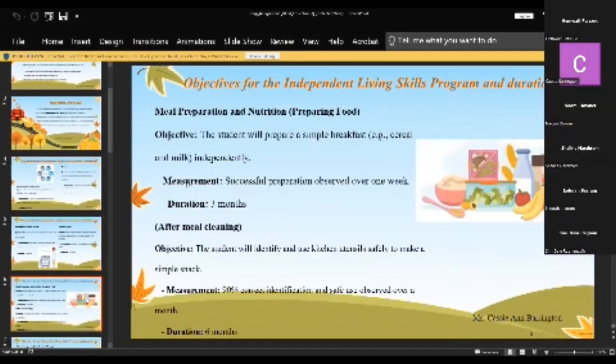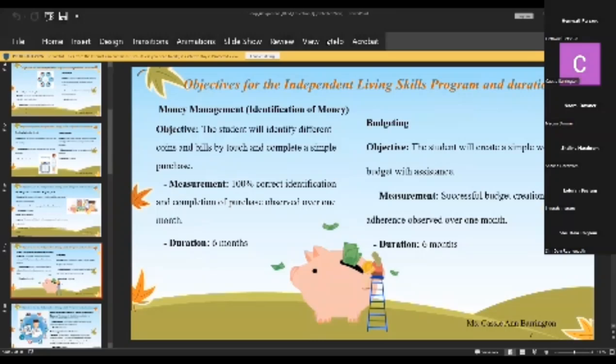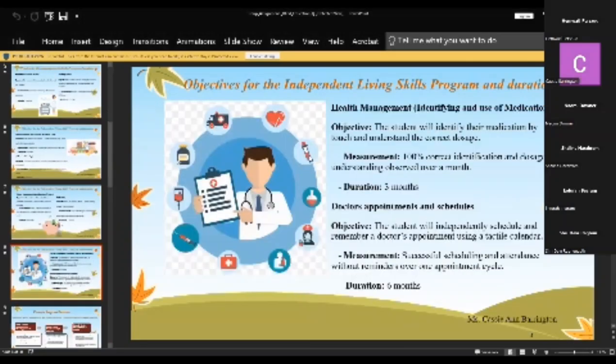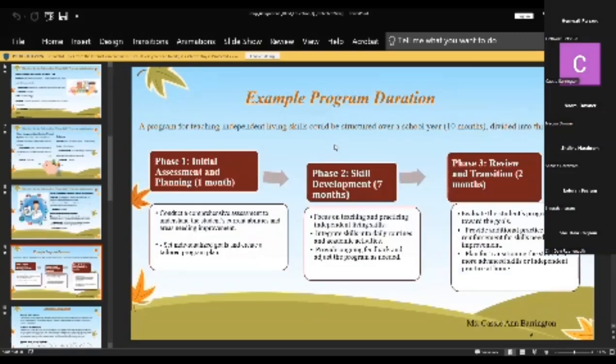Meal preparation and nutrition, preparing food and cleaning up after you have eaten, such as washing the dishes and tidying the kitchen. Money management, identification of money and budgeting. Health management, identifying and using medication correctly, scheduling doctor's appointments.